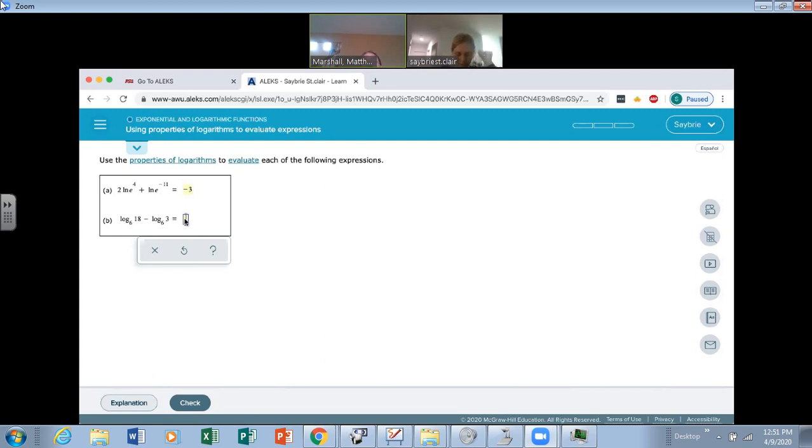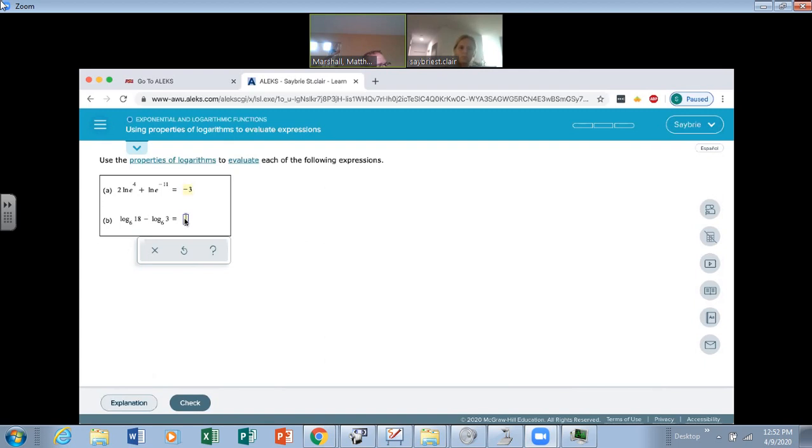And now that last one there, because the base 6 is the same, what rule am I going to use? So I'm going back to that box I took a picture of where it says log AM minus log AN is the same as, I'm going to divide those, so I'll show you.